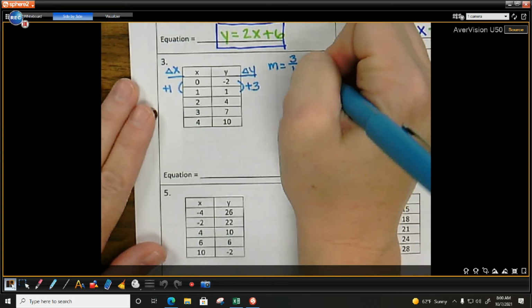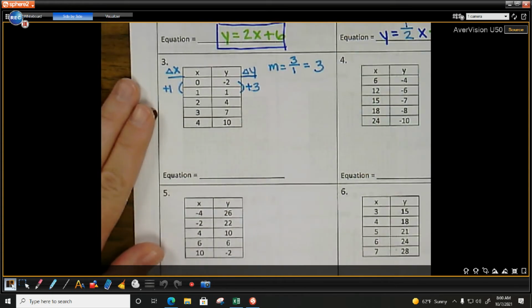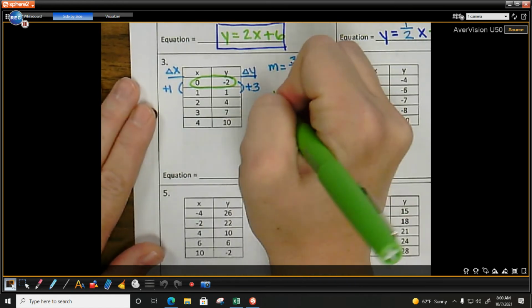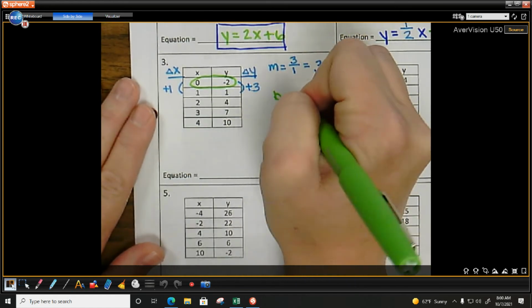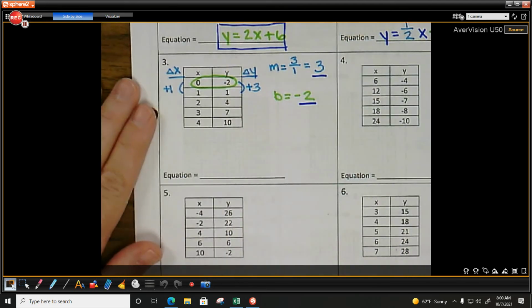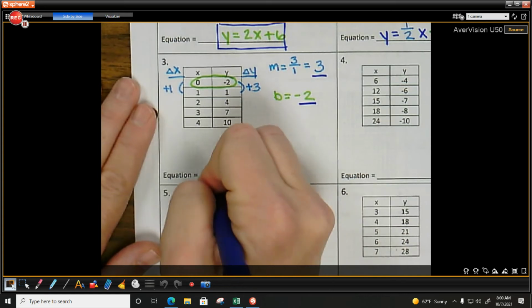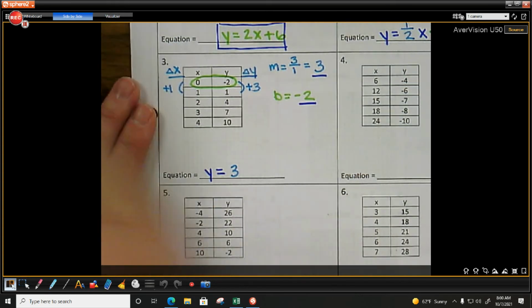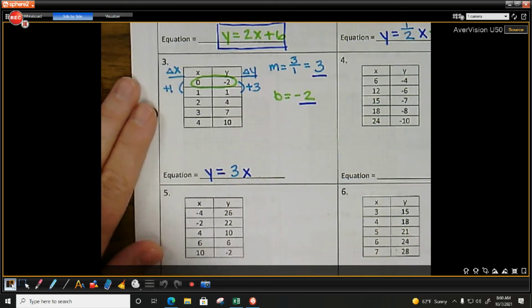Do I have my b? Yes, I do. So what's b? -2. So I have my m and my b. What form can I go directly to? Slope-intercept. Y equals mx plus b. So -2.